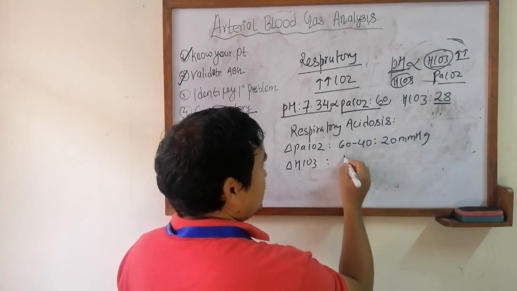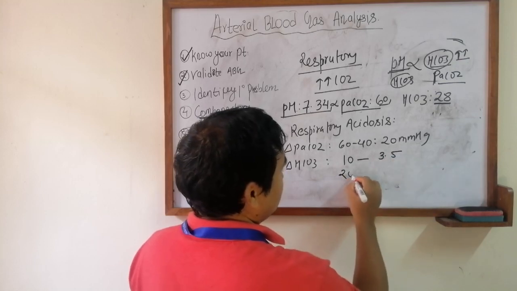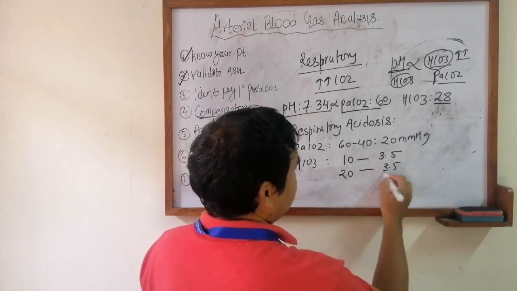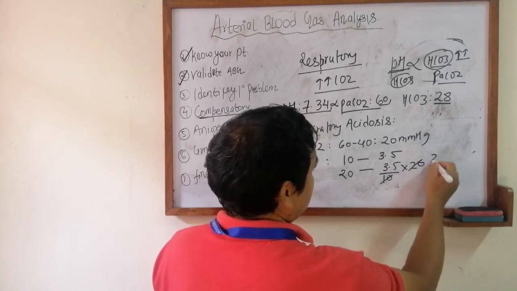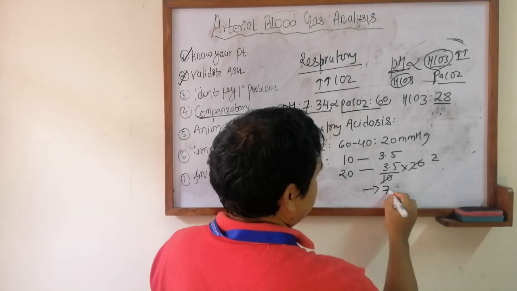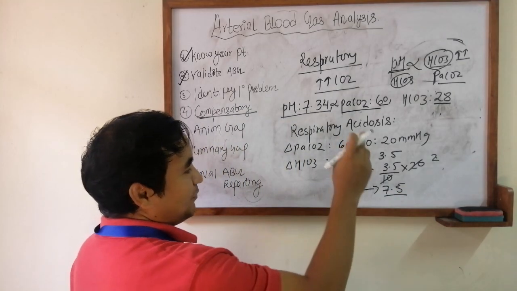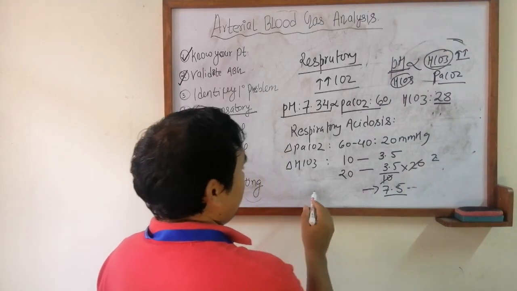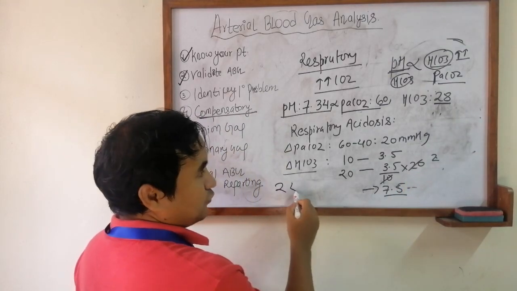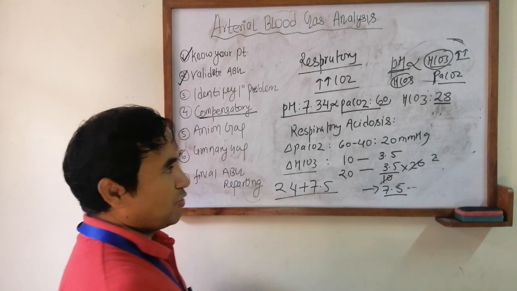So 3.5 divided by 10 into 20 gives 7. So bicarbonate should increase by 7, and normal bicarbonate level is 24. If it is added by 7, it becomes 31.